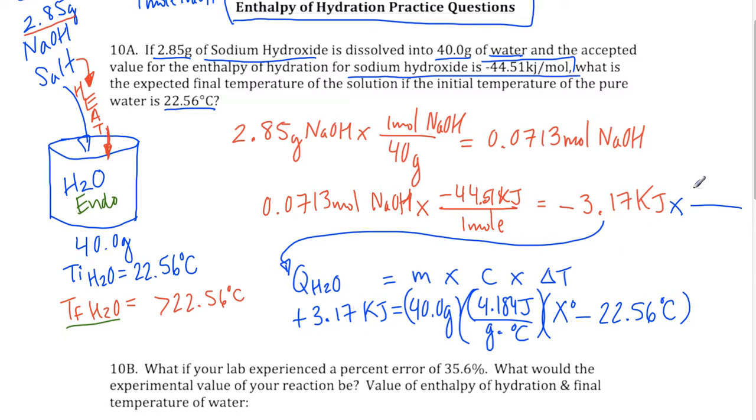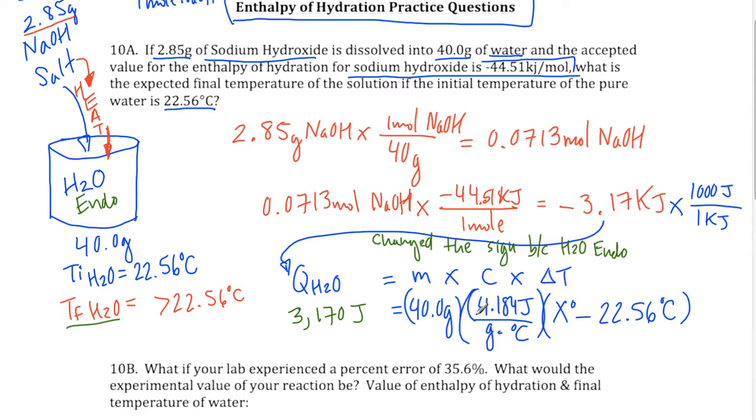If I have 1,000 joules for every 1 kilojoule, then what I'll have over here is 3,170 joules. That's the Q of the water. And I changed the sign because the water is endo.